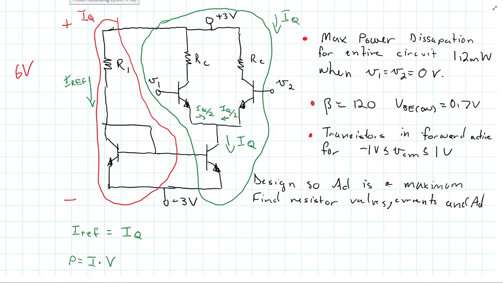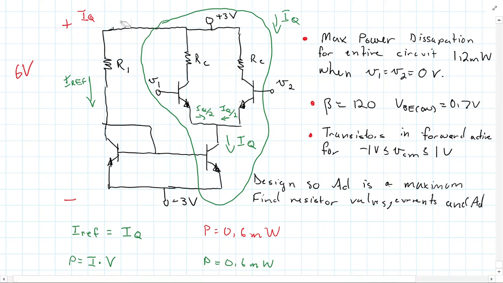So the power would have to be 0.6 milliwatts for the red portion, and 0.6 milliwatts for the green portion, because that's just the way it is when we have common mode voltages. We know that those currents split evenly, and with the current mirror, we're just getting IREF equal to IQ there.